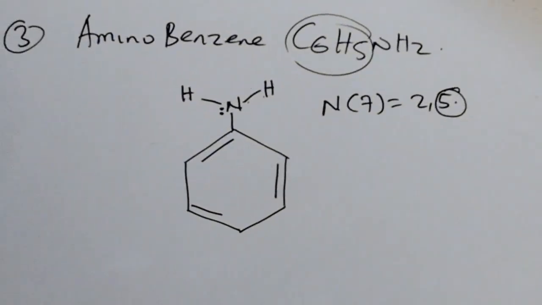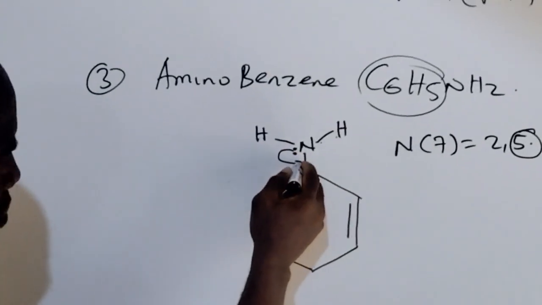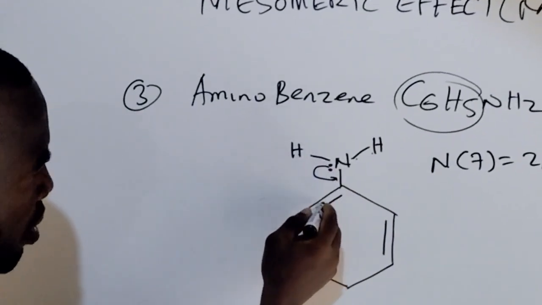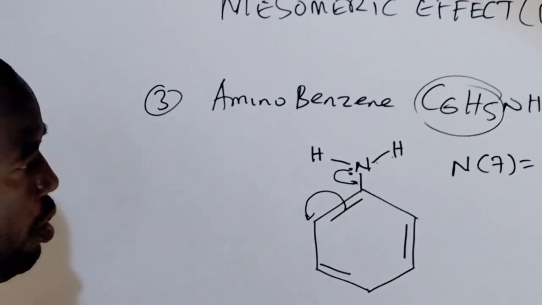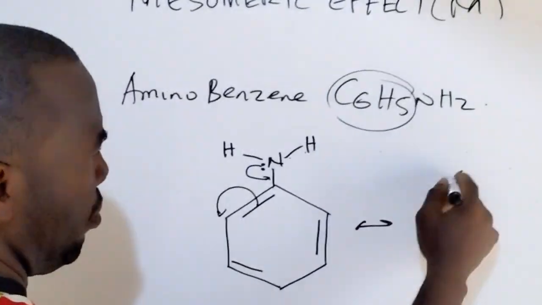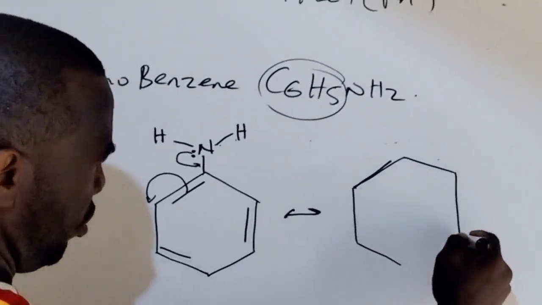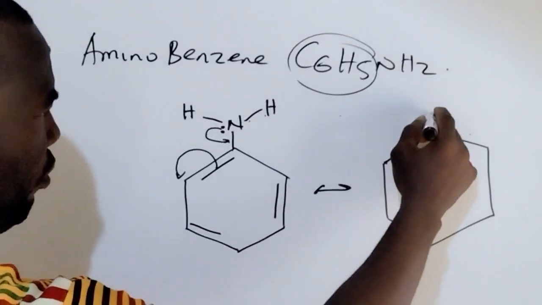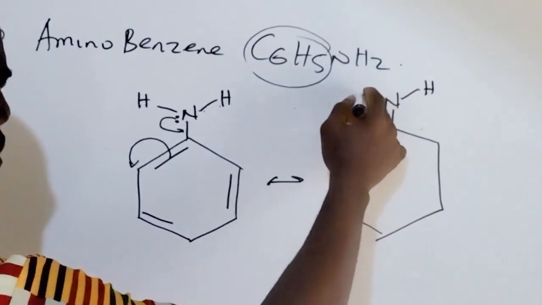So let's look at the resonance structure. The lone pair shifts to the nearest bond here, and then this one shifts to the adjacent carbon atom. That will give us a resonating structure of this nature. We have a double bond formed here, with nitrogen, hydrogen, and hydrogen.